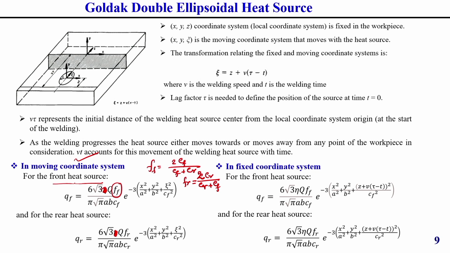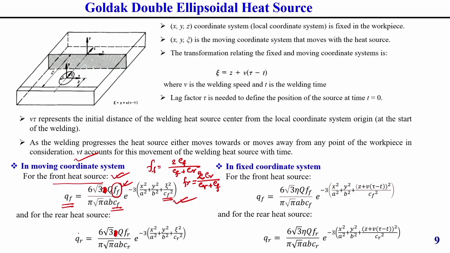So, the front portion of this heat source equation is represented as qf, where ff is multiplied, and instead of c there you need to use cf, and here also instead of c you need to use cf, this you can see from this equation.